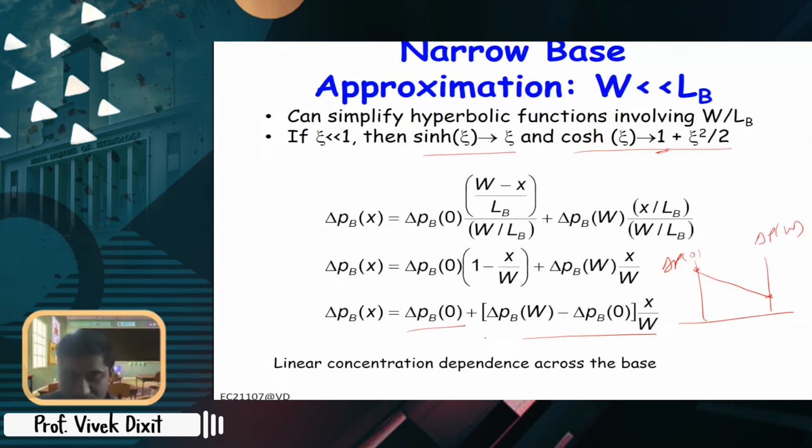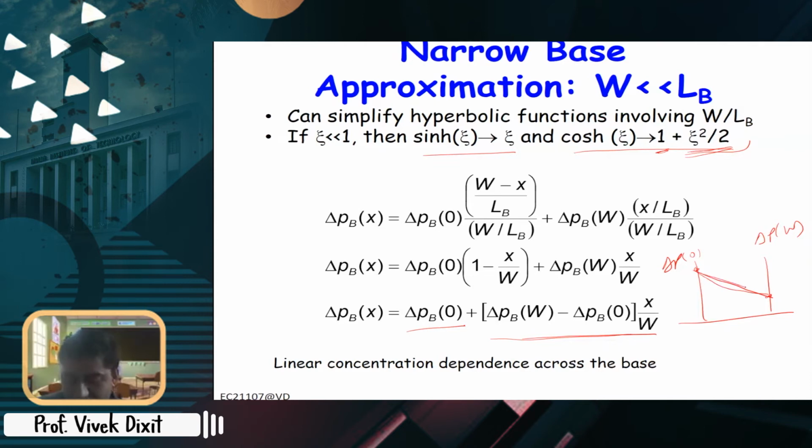Now here, of course, using this expression will not give you the base current because it is assuming just linearity. If you include the x square by 2 term, this non-linear term, then you can get the slight curvature here also.